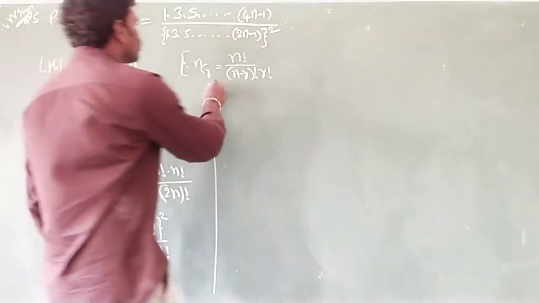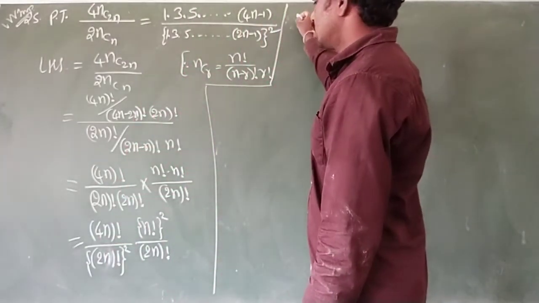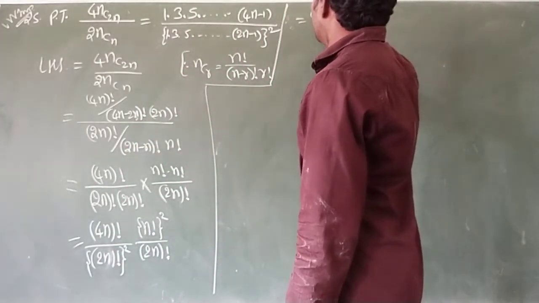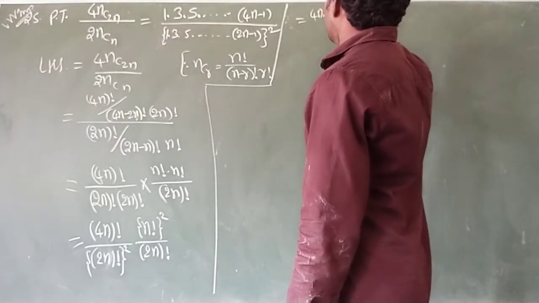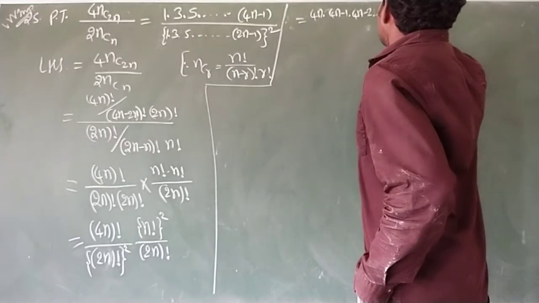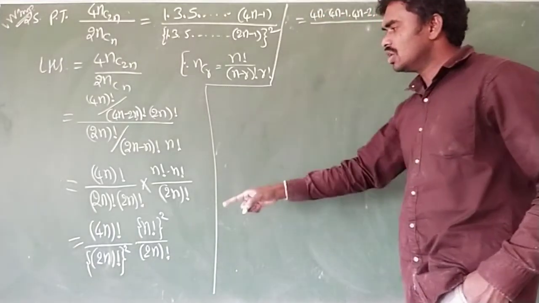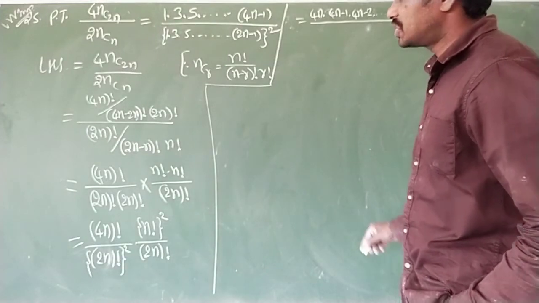4n factorial means what? 4n into (4n minus 1) into (4n minus 2) into so and so 4 into 3 into 2 into 1 by (2n factorial) whole square.